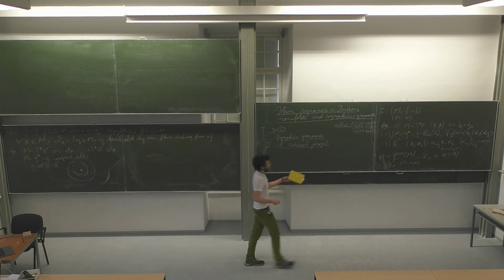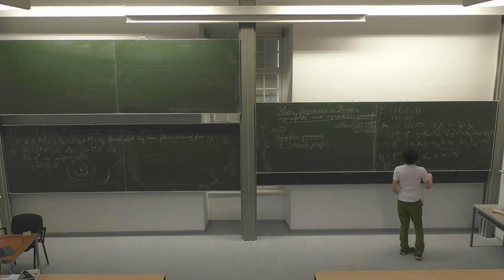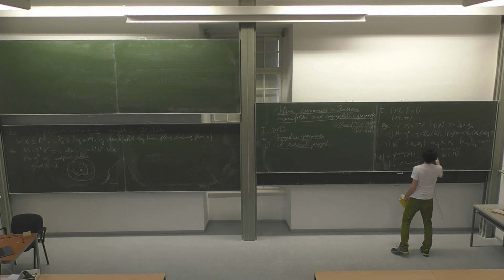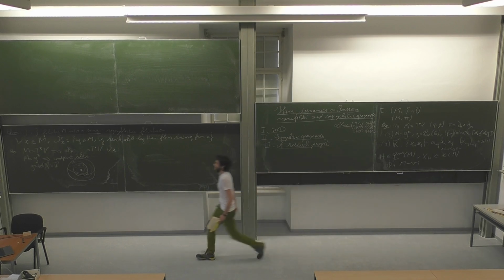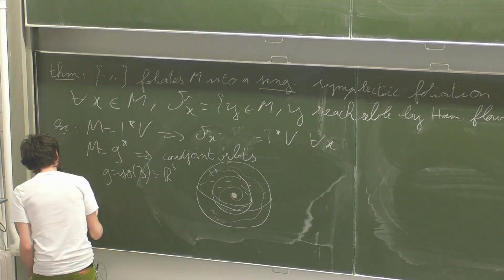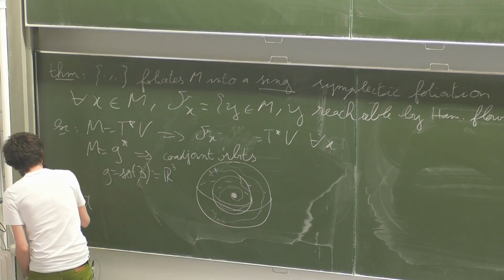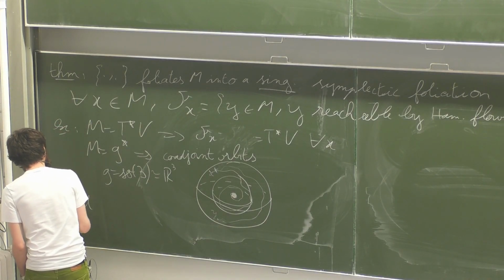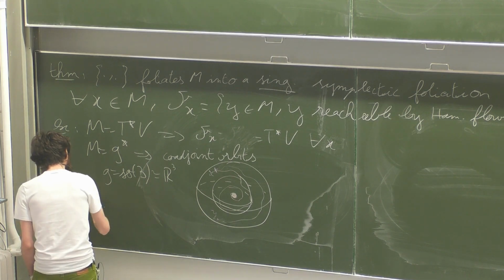About the symplectic foliation of the third one, it's a bit more complicated. So I can give you a Casimir, for instance, for the third one, if you pick n equals 3.